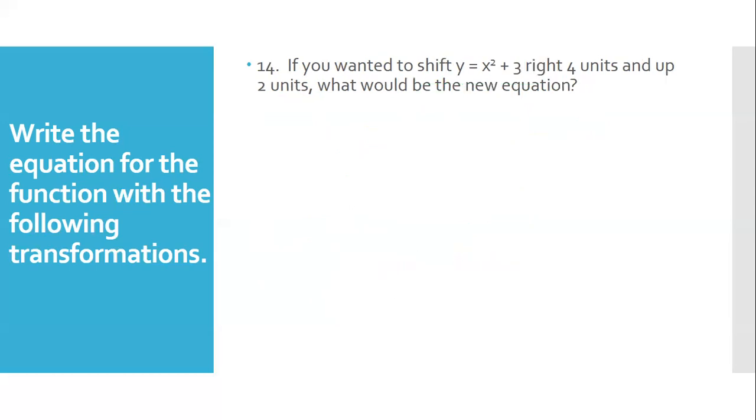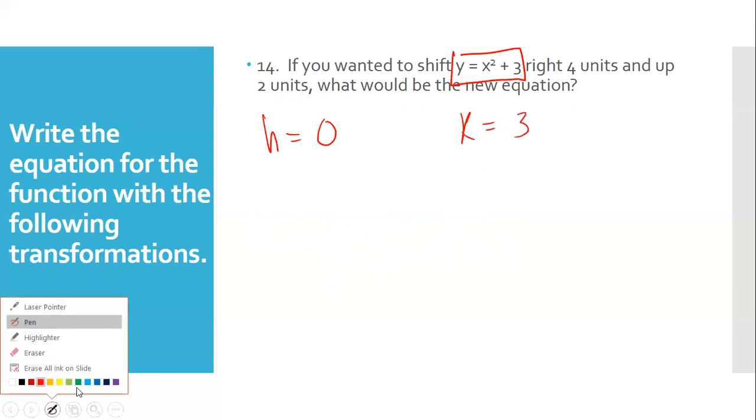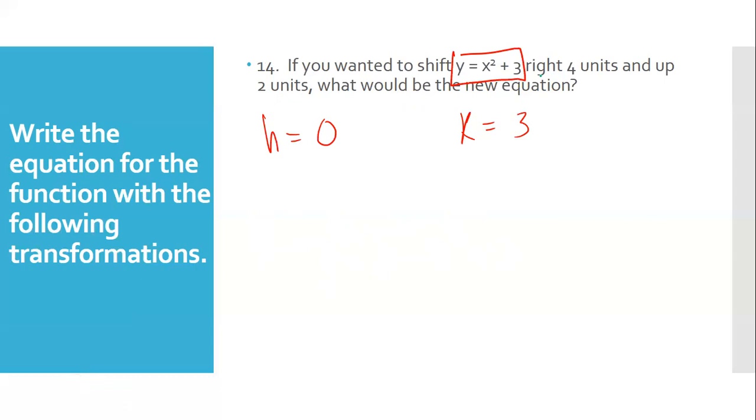All right, let's do the last one. So this time we're starting at y equals x squared plus 3. Currently, my h equals 0, and my k equals 3. What transformations do I want to happen? Right 4 and up 2. The right 4 affects which variable?